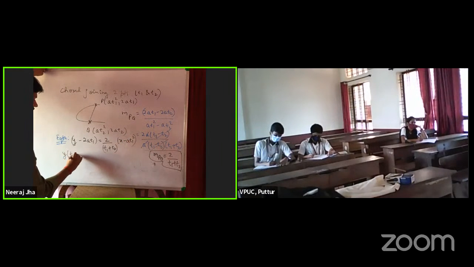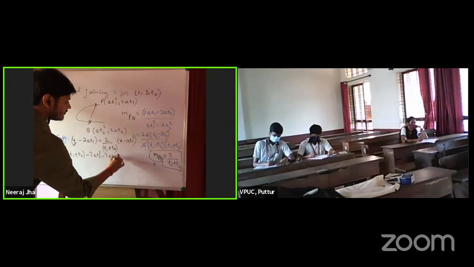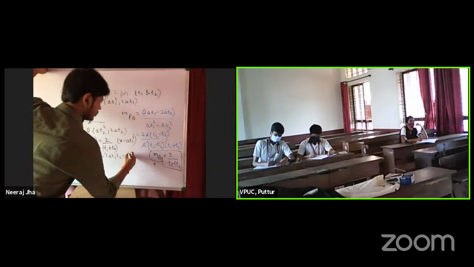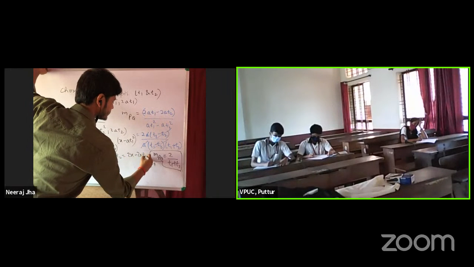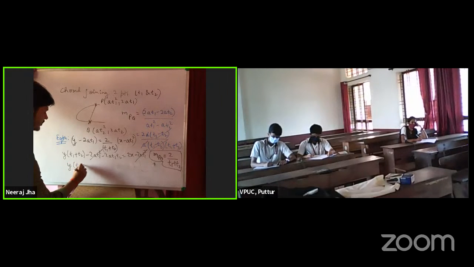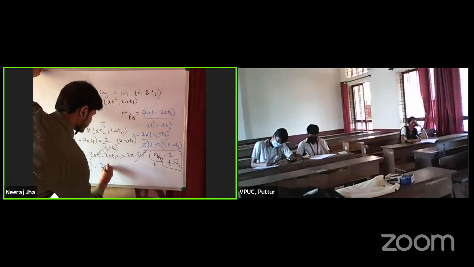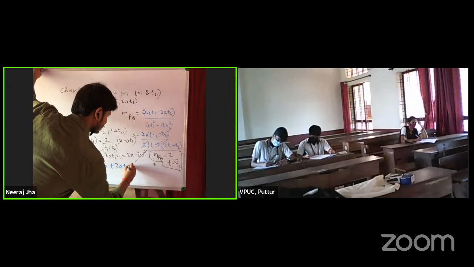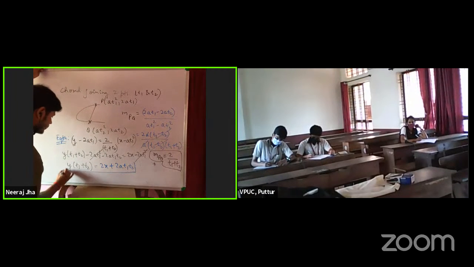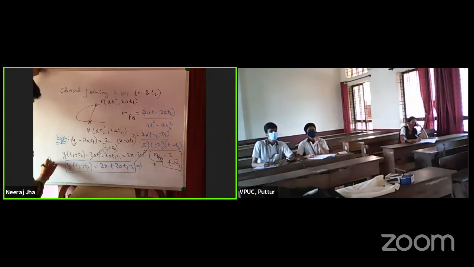Multiply: y into t1 plus t2 minus 2at1 square minus 2at1t2 is equal to 2x minus 2at1 square. Cancel. Hence the equation will be y into t1 plus t2 is equal to 2x plus 2at1t2. Learn it. Remember this.